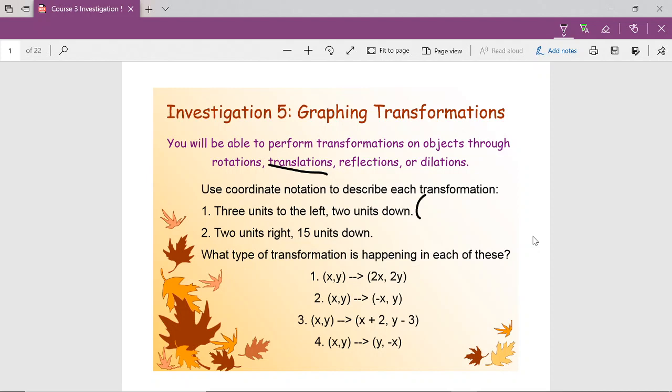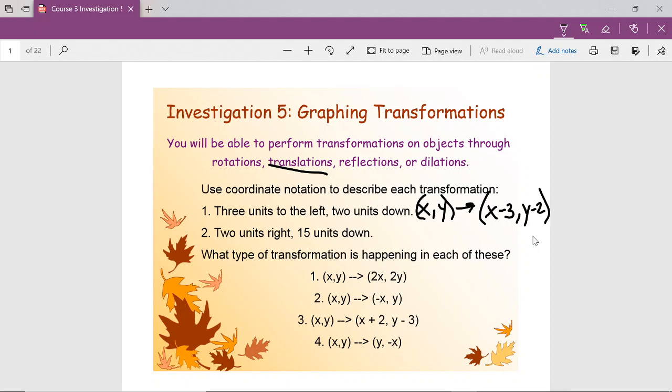So when I take my original XY coordinates and change them into 3 units to the left and 2 units down, 3 units to the left is based on my x coordinate. Going to the left is going into the negative, so I would be doing x minus 3. 2 units down, up and down is working with y coordinates, and going down is negative, so y minus 2 would describe it.